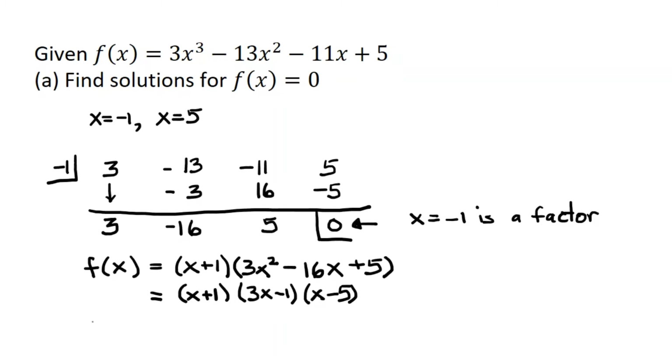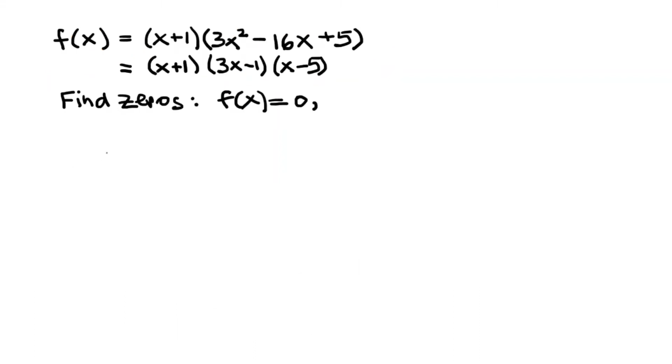So in order to find the zeros, that's my next step. I have to solve f of x equals 0. That's pretty straightforward now that I've got all of these factored. F of x equals 0 means that x plus 1 multiplied by 3x minus 1 multiplied by x minus 5 equals 0.